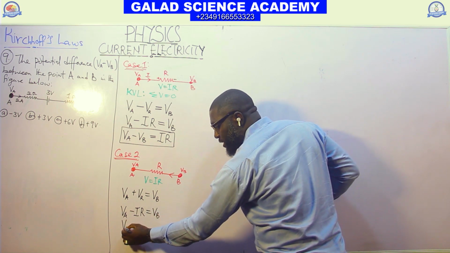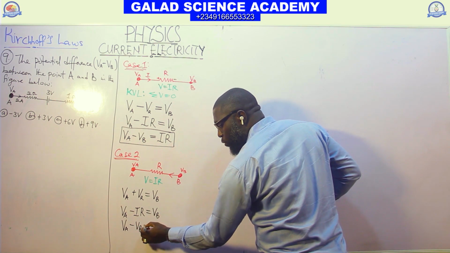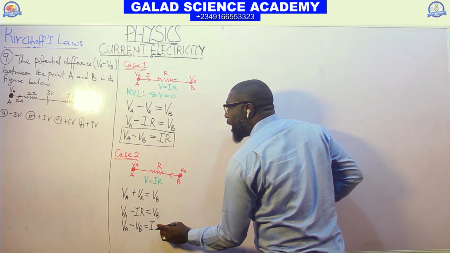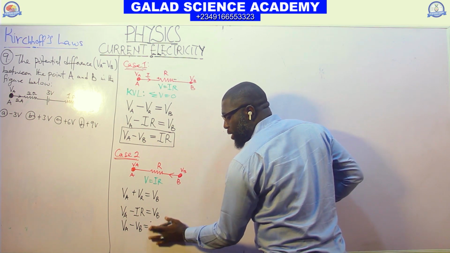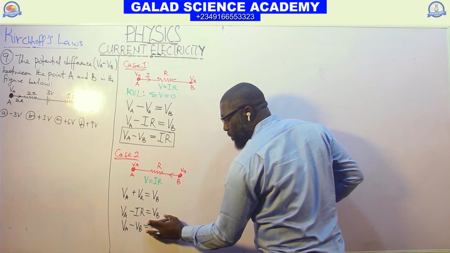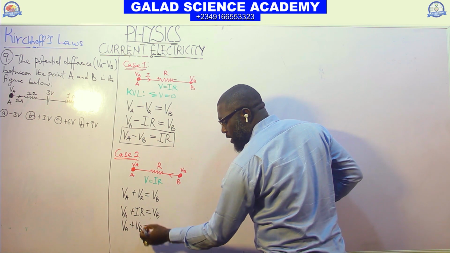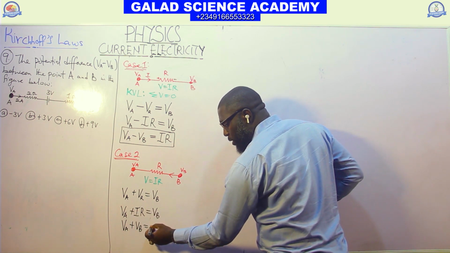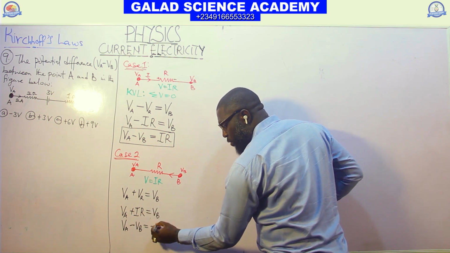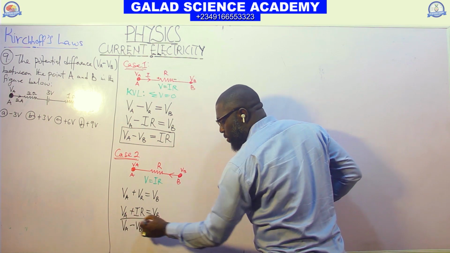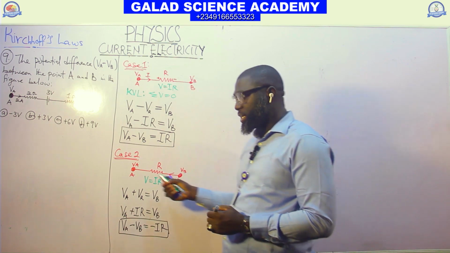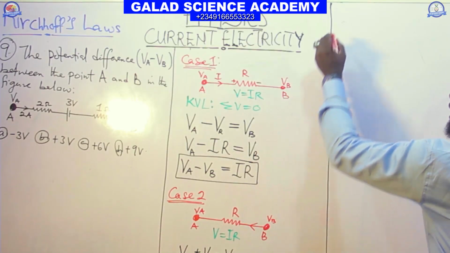So potential difference between A and B will be plus IR. Supposed to be minus. Yes, here will be R plus. Add them together. If this one comes to this side, the minus. Here we have minus IR. So that is when the current is facing this side.